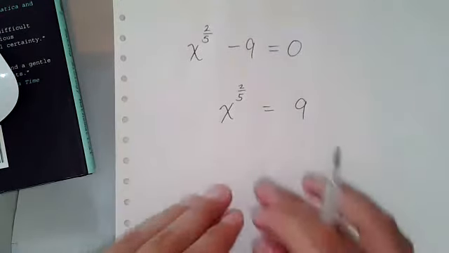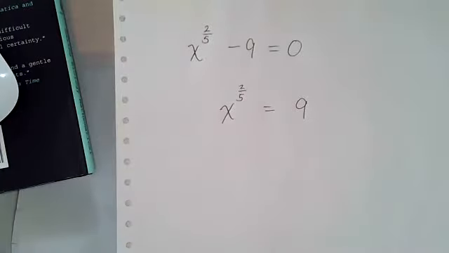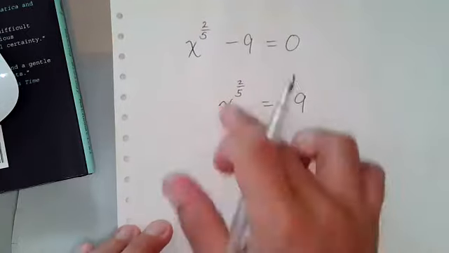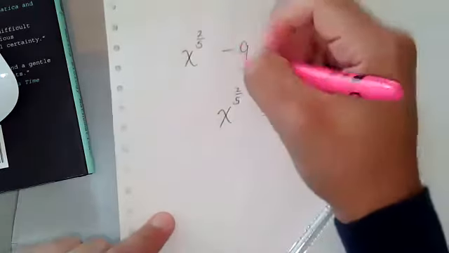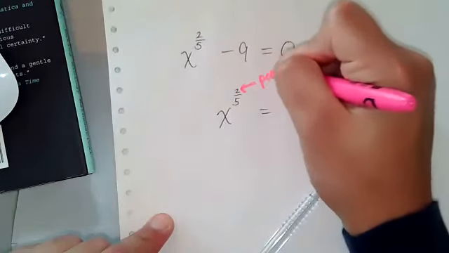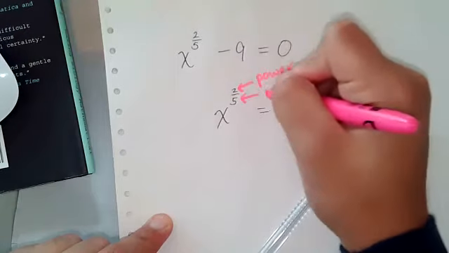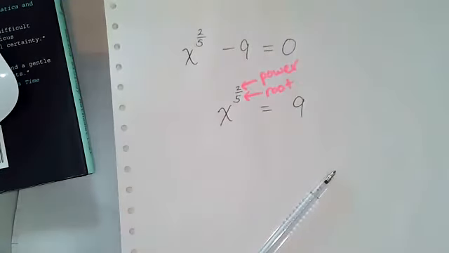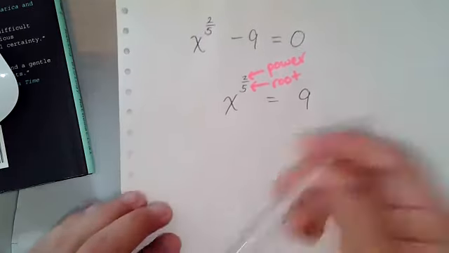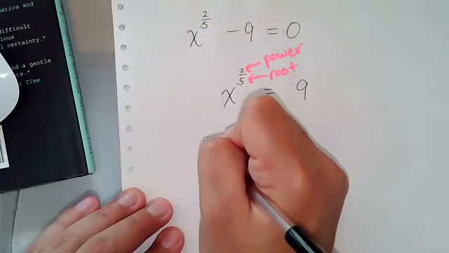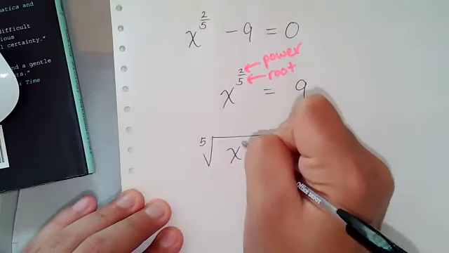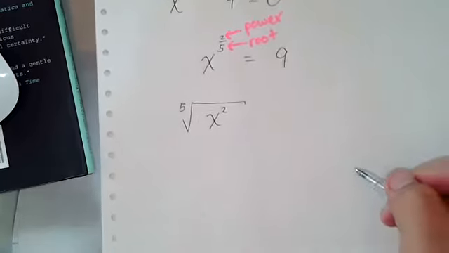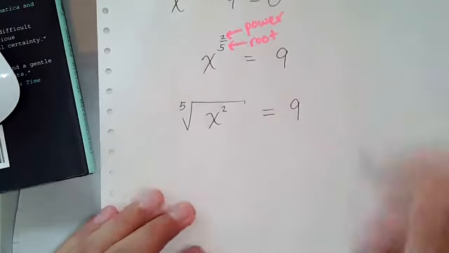And then we can think about this as just having a rational exponent, or we can think about it as a radical. If I wanted to change this side to a radical, what I would say is that this is the 5th root, right? The 2 is the power, this is the root. So what I would say is that this is the 5th root of x squared, right? And that's equal to 9.